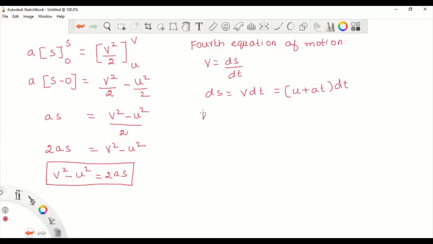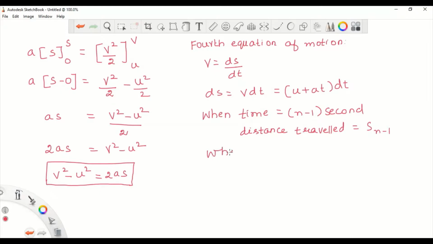Now here we are going to take, when time is equal to n minus 1 second, then distance traveled is equal to Sn minus 1.